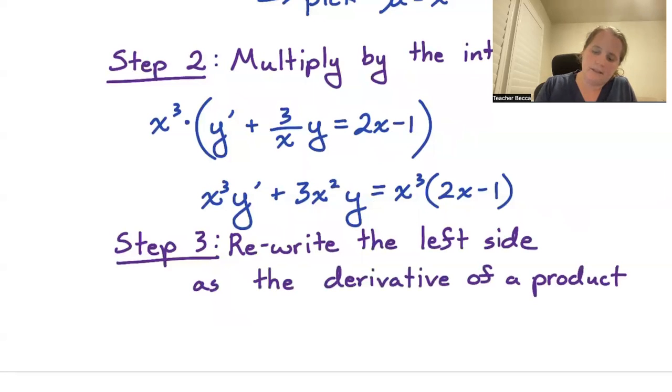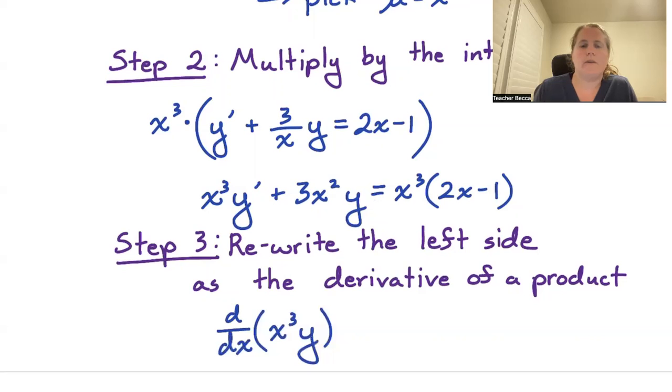So that left-hand side is just the derivative of x cubed times y, right? If we product rule that, we would have x cubed y prime plus derivative of x cubed is 3x squared and then times y. So we have the derivative of the product x cubed y is equal to x cubed times 2x minus 1.